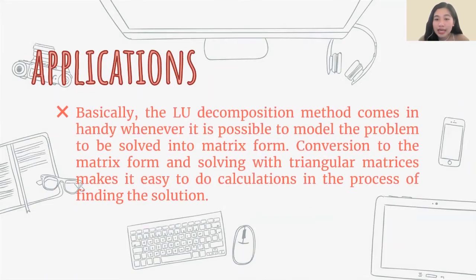As for the application, again, it comes in handy whenever it is possible to model the problem to be solved into matrix form. So we have to do this conversion to the matrix and solve the triangular matrices to make it easy to do calculations in the process of finding the solution.